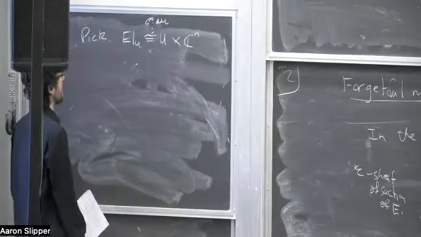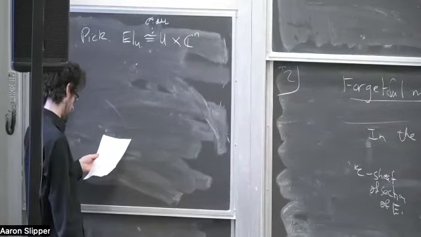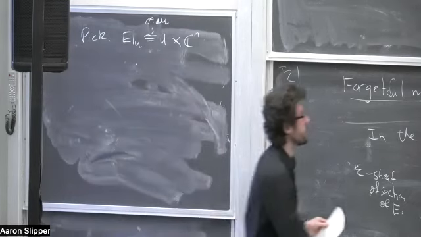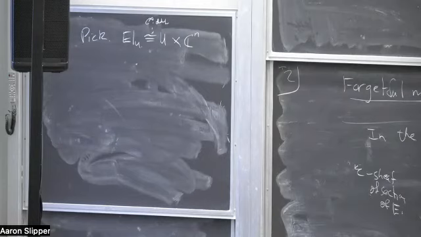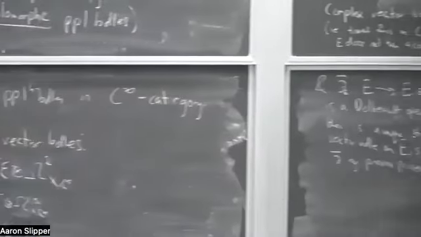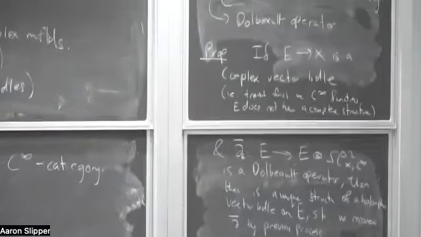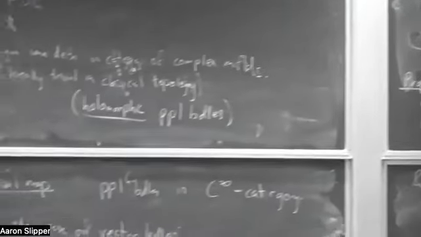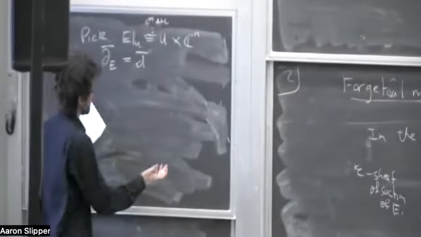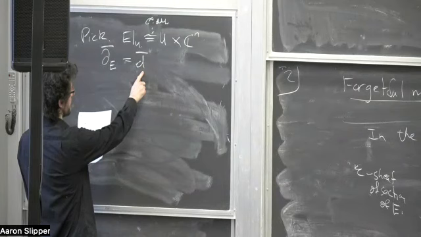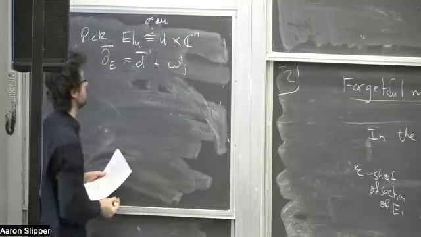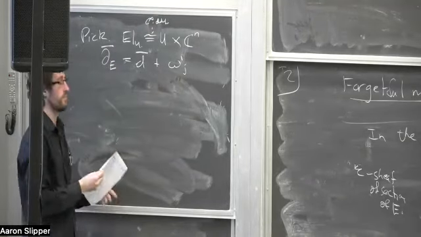We then have that del bar, which corresponds to the part of the differential with anti-holomorphic parts, we can write as d bar plus some matrix of forms.